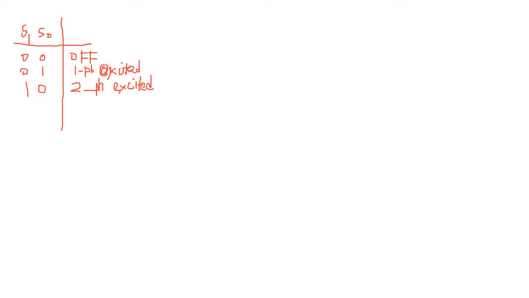And if it is 11, then it is half step mode, alternating between one phase and then two phase, then one phase and two phase. So simply half step mode, we can say.